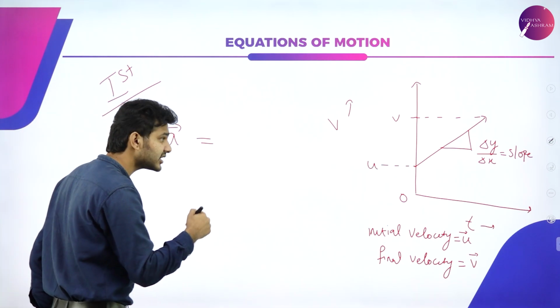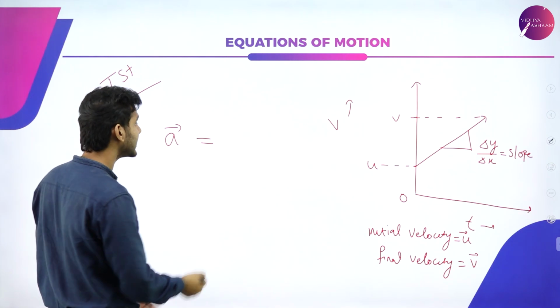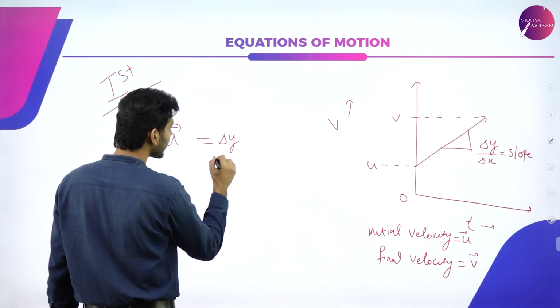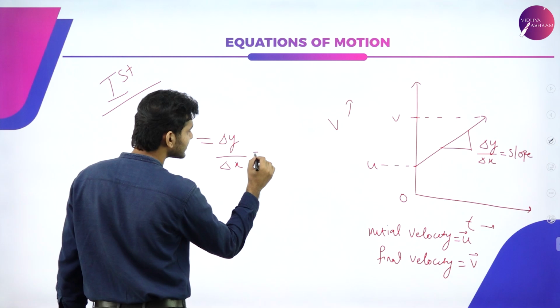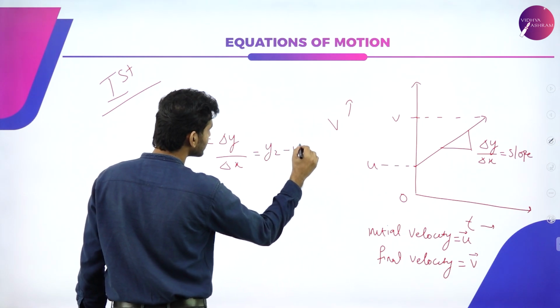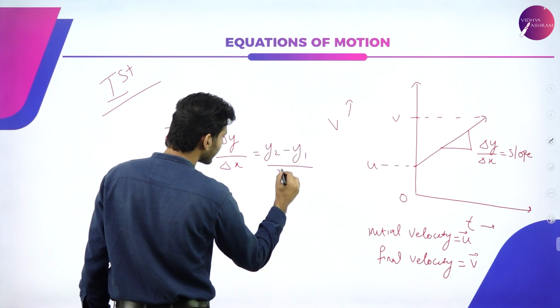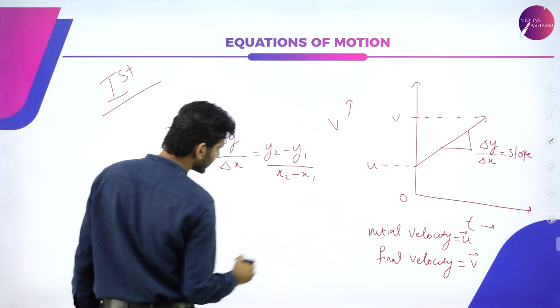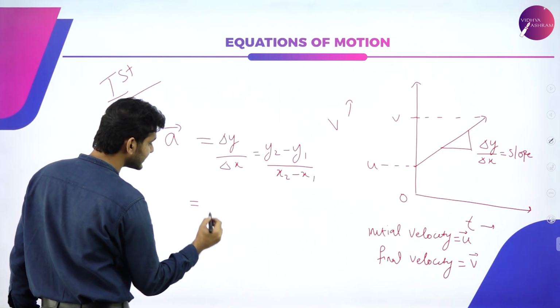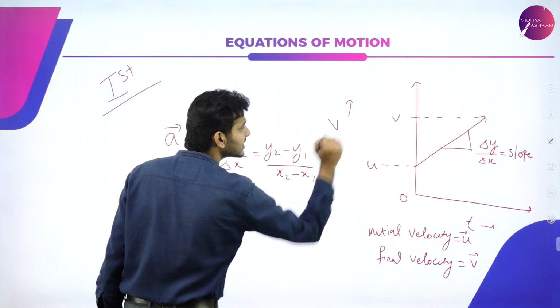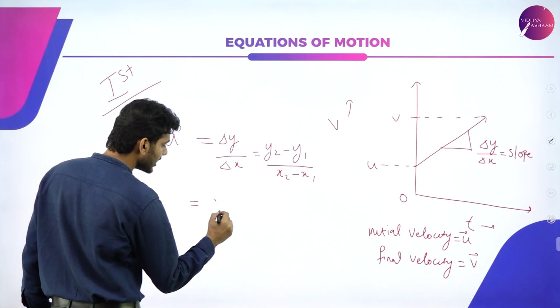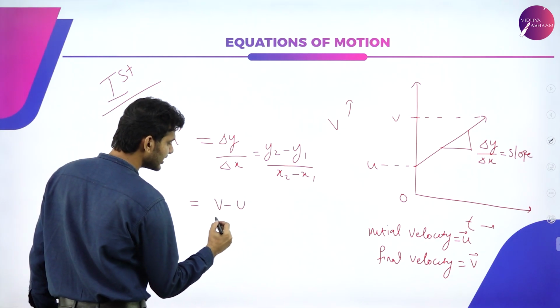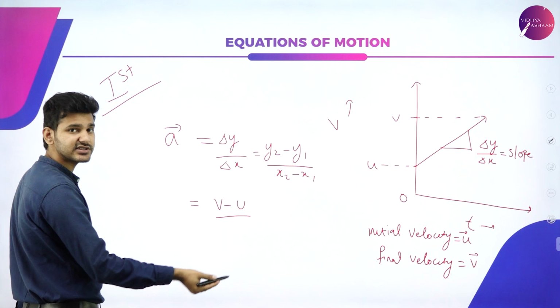So you only have to consider the slope, and we can write that as del y by del x, which is equal to y2 minus y1 divided by x2 minus x1. In this particular case, it is y2, that is final velocity v, minus u, divided by t2 minus t1.